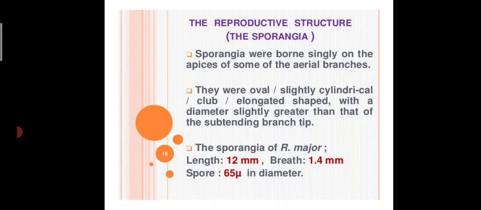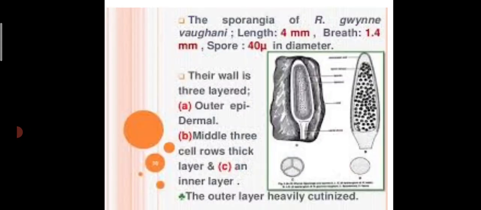And in the cavity, numerous spores will be present. Spores are formed as tetrads, and all the spores are of the same type. Homosporous condition is there, and each of the spores has a triradiate marking on the spore body.